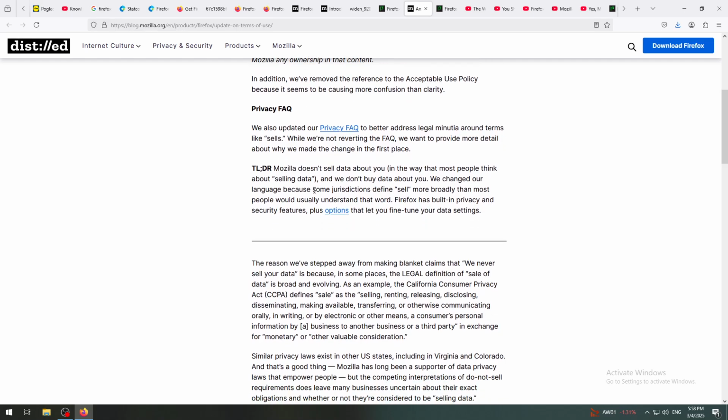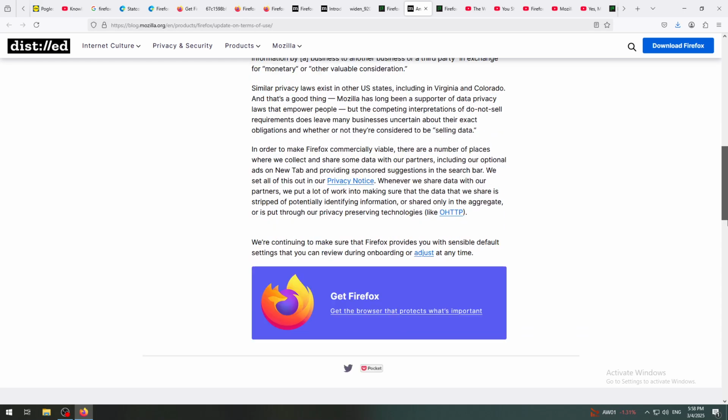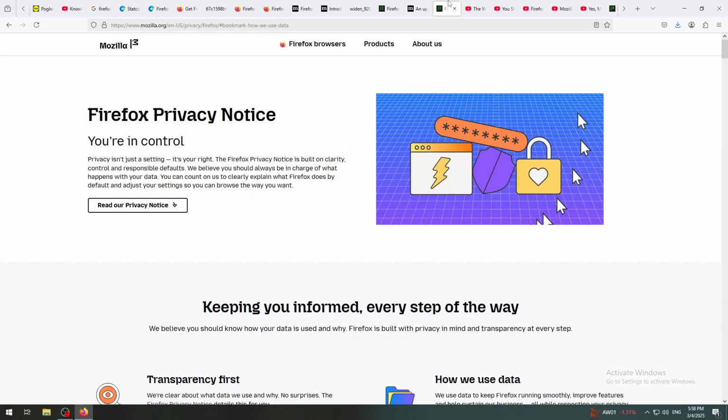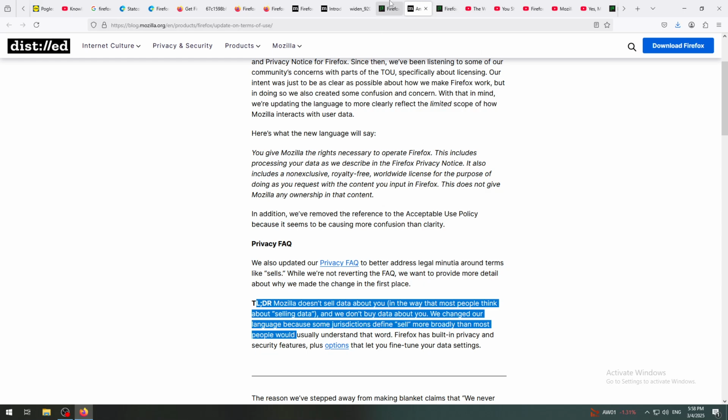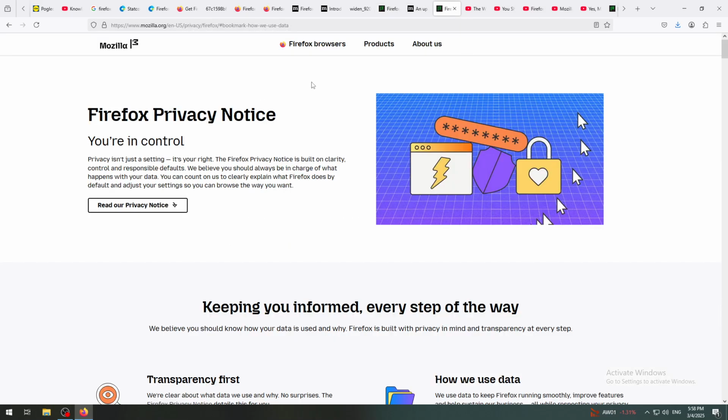Okay, so this is another topic which I will address in another video. I think I will end it here, but on this page, as I just said, they have linked here and in a couple of other places the Firefox privacy notice, and that is this page here.